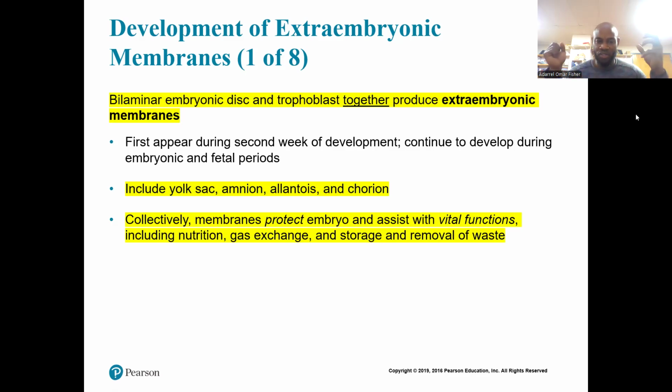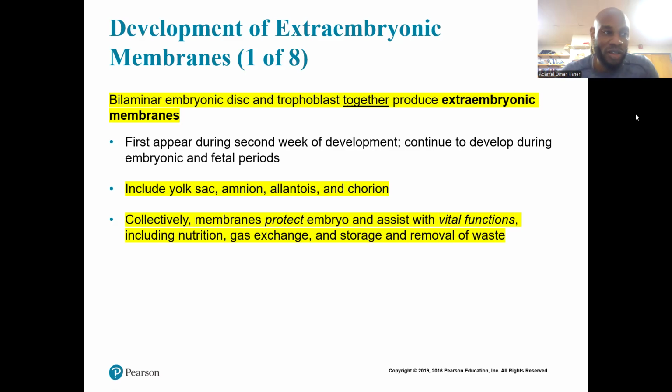Mitosis starts to happen, and the embryo embeds in the wall of the uterus. We need to protect this embryo as it grows. The goal is to reproduce life, so we have to protect this embryo.